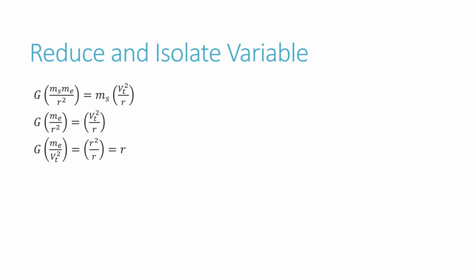Okay, here we're going to reduce and isolate a variable right here, and the variable we're going to isolate is r. We're going to first cancel out the mass of the satellite. We do not need it. It's on both sides, it'll cancel.